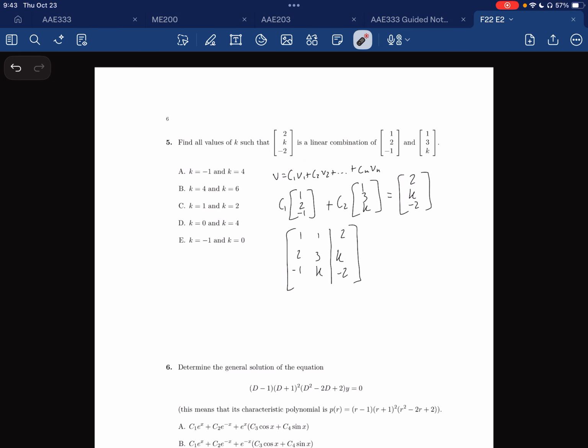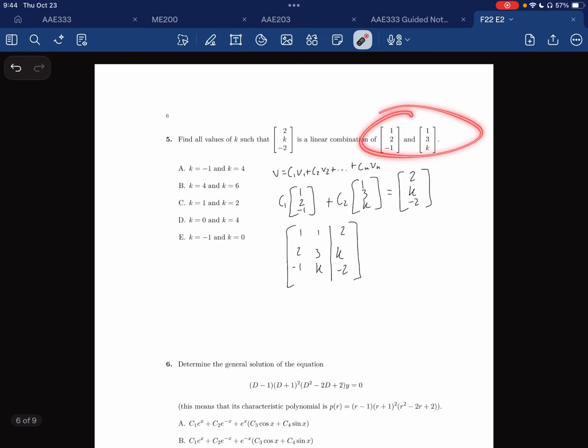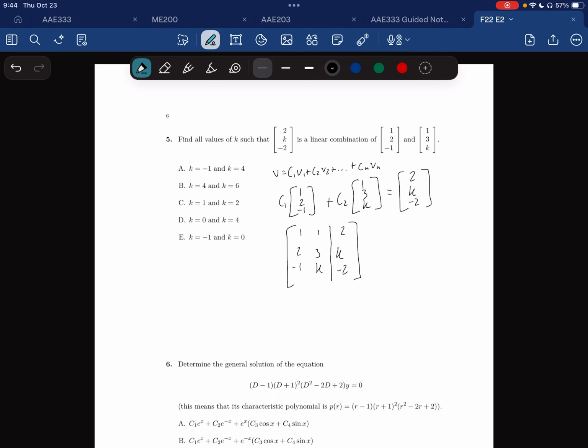So c1, c2, and cn have to be real numbers. They have to exist. This system that we've set up here has to be solvable in order for this vector v to be a linear combination of these two vectors v1 and v2. So I hope that makes sense to everyone. But other than that, we can just solve this pretty easily.